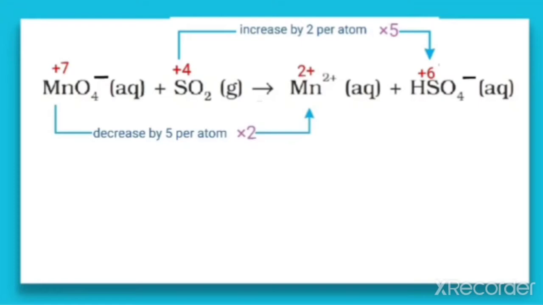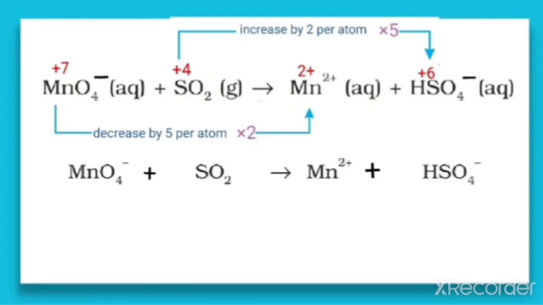After doing this, the next step is to write the equation once again, so that we can write down the balancing more comfortably. Here, the number you have multiplied for equalizing should come in the stoichiometric coefficient.